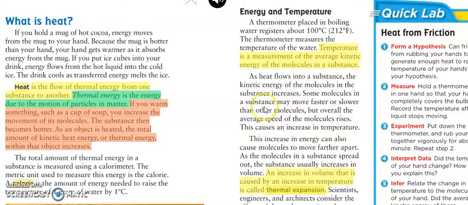As heat flows into a substance, the kinetic energy of the molecules increases, as we studied last time. Some molecules may move faster or slower than others, but overall the average speed of the molecules rises, so this causes an increase in temperature.